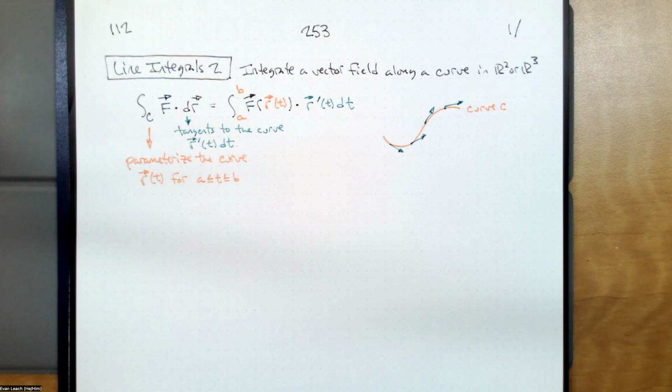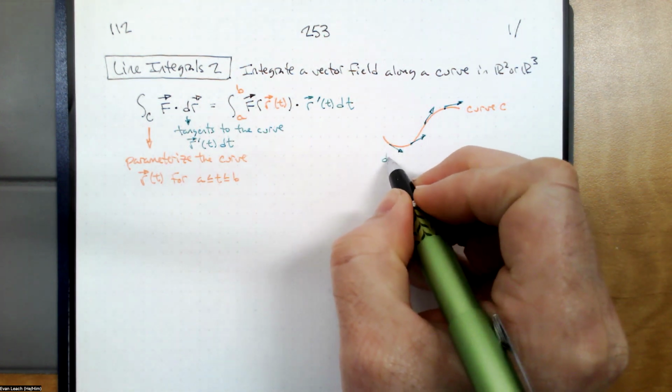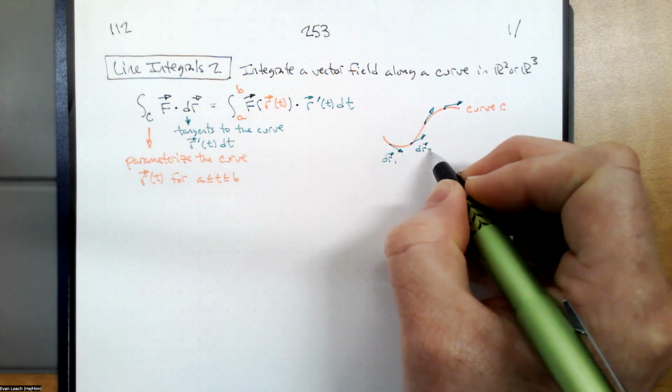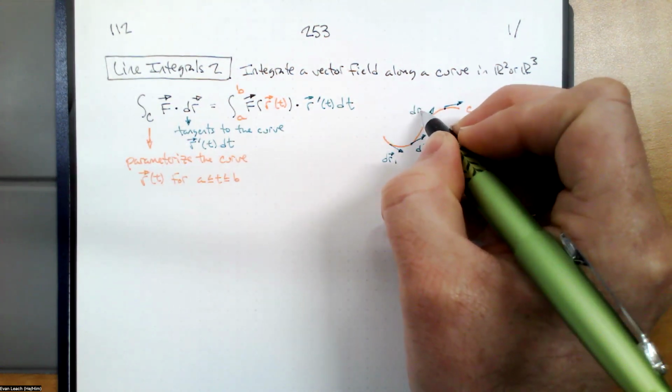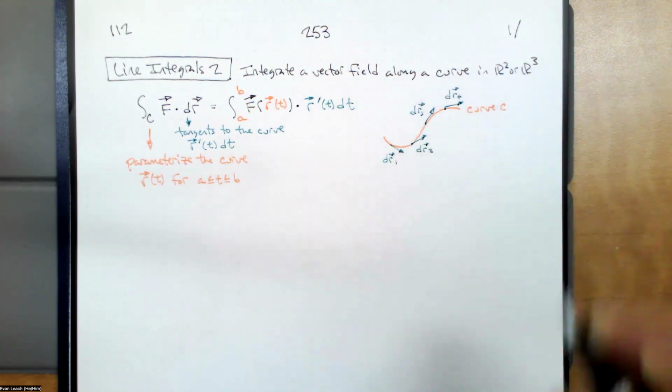Here's the curve, and we're imagining it as a bunch of vectors. So this would be like a dr1, dr2, dr3, dr4.